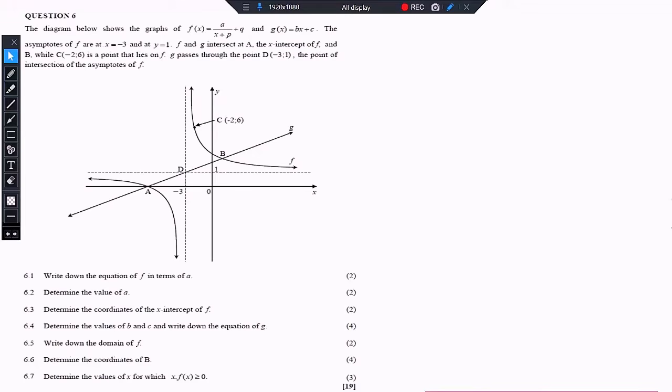Okay, so now let's look at question 6. It says the diagram below shows the graphs of f of x equals a over x plus p, plus q, and g of x equals bx plus c.